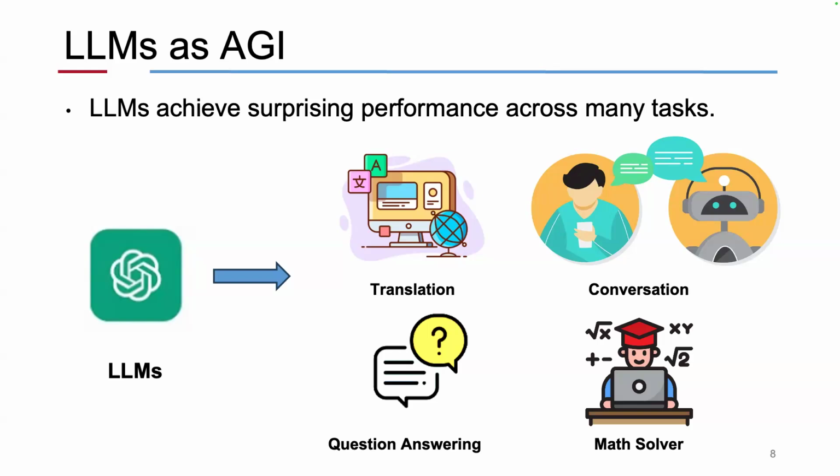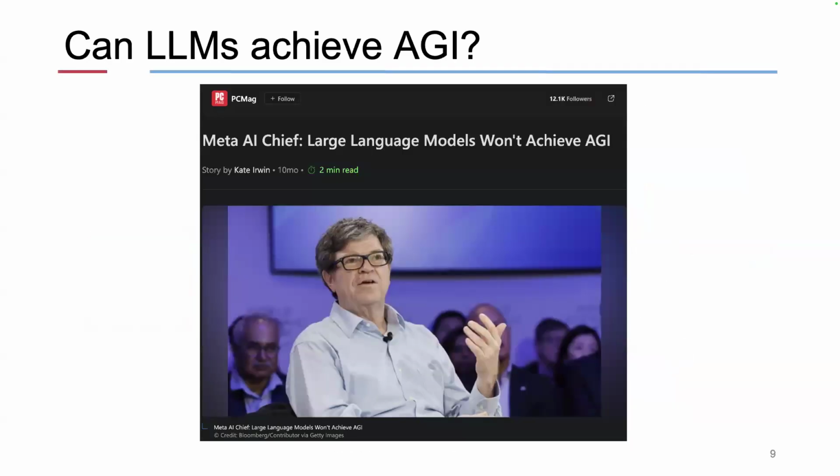For QA, and an LLM can also be used as an assistant, for instance, to learn a new language or to help us have conversations. An LLM can also be used to solve very complicated math problems, right?